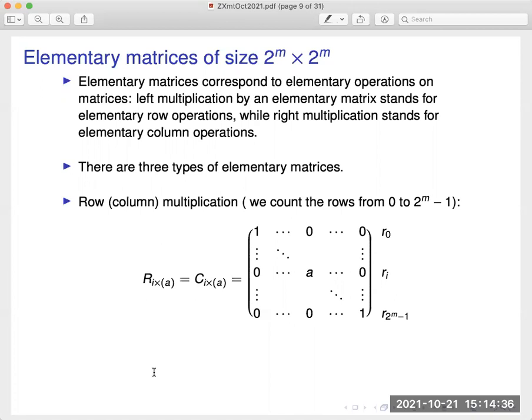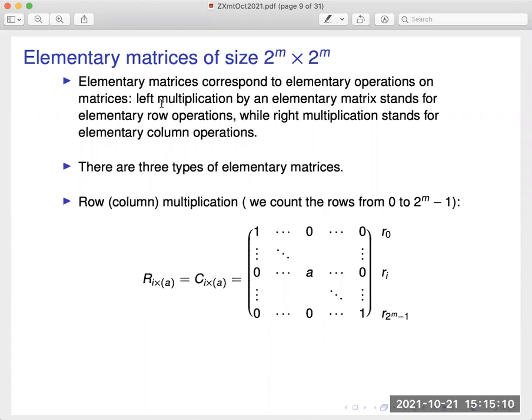So what are elementary matrices? Everybody knows them, right? Here we just consider elementary matrices of size power of 2. That means, because elementary matrices are always square matrices, the size is 2^m times 2^m. And we all know that elementary matrices correspond to elementary operations on matrices, right?